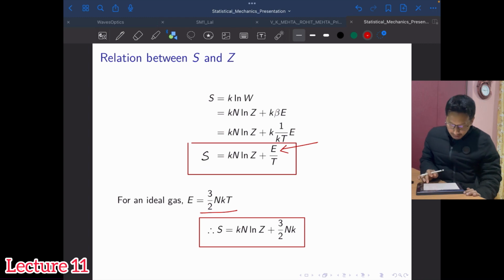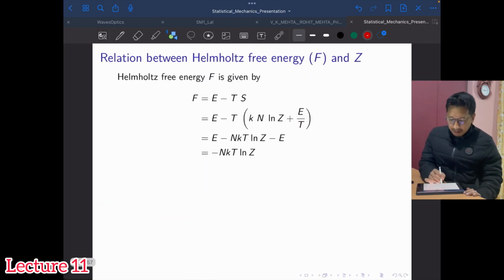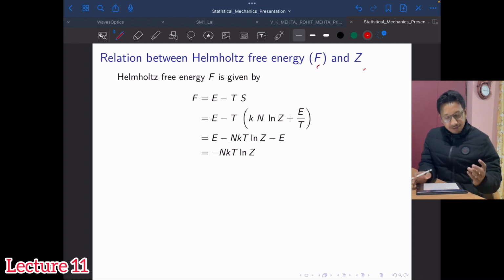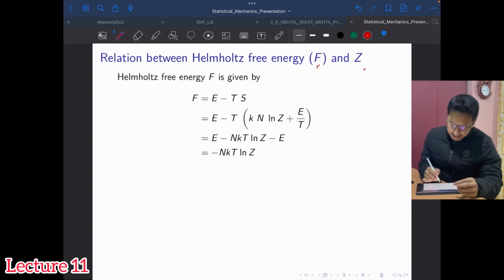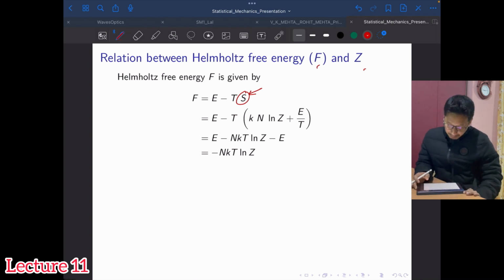Now let's look at the relation between the Helmholtz free energy, which I represent here by F, and the partition function. If you remember from earlier thermodynamics, the Helmholtz free energy is given by the total energy minus TS, where T is temperature and S is entropy. Then substitute the expression for entropy that we just derived.